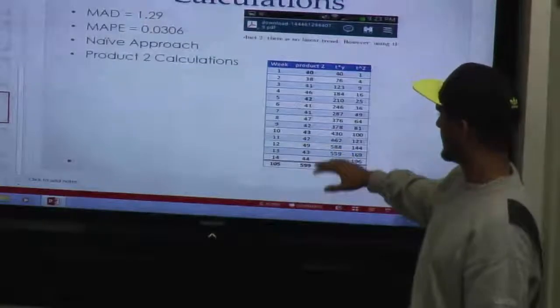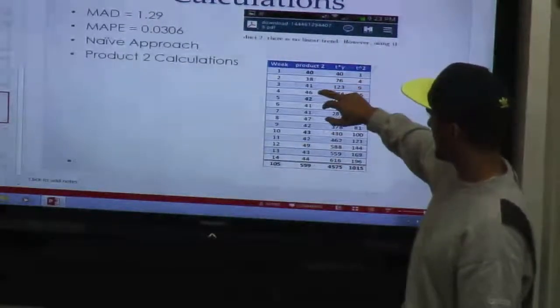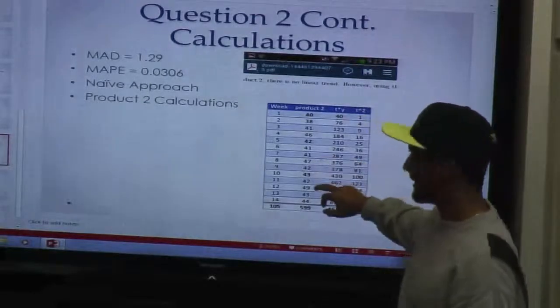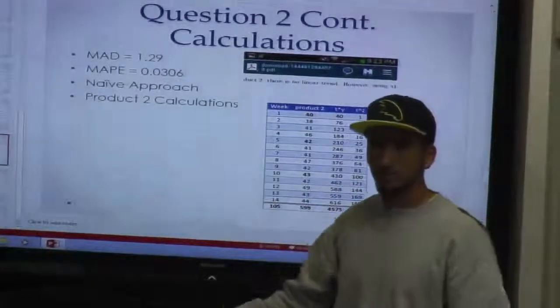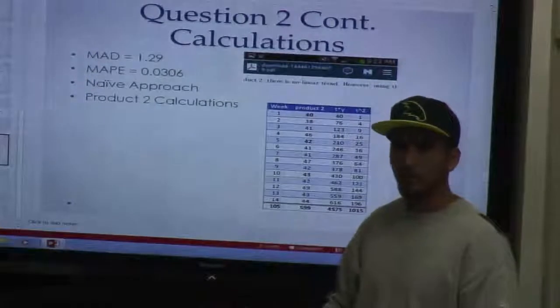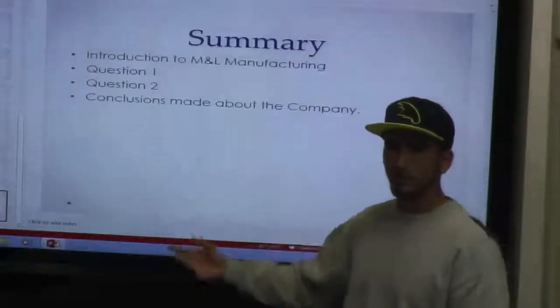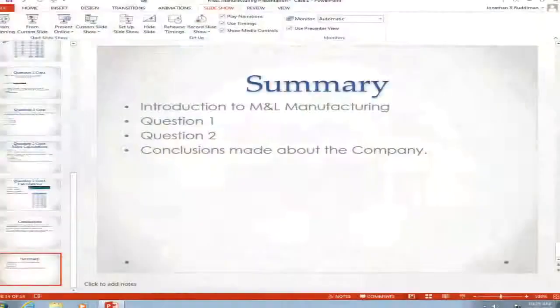We treated 16 as another spike, so since from 46 to 47 there's an increase by 1, and then from 47 to 49 there's an increase by 2, we averaged them together, 1.5, and then added it to the last spike, which was period 12, which will be 50.15. That's how we got the forecast for period 16.